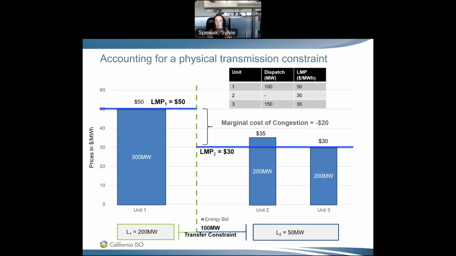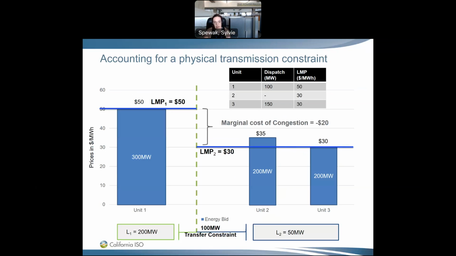It would actually have to pay that price. And this prevents resources from chasing the LMP at other locations when there's a physical constraint. But for the purpose of this presentation, we're going to talk about the marginal cost of congestion as a shadow price of the transfer constraint.